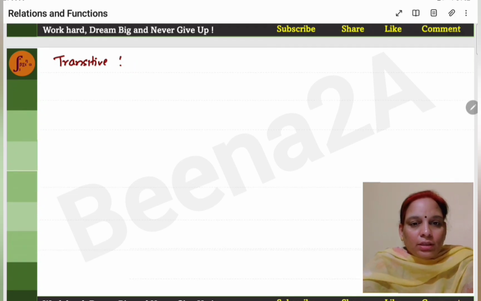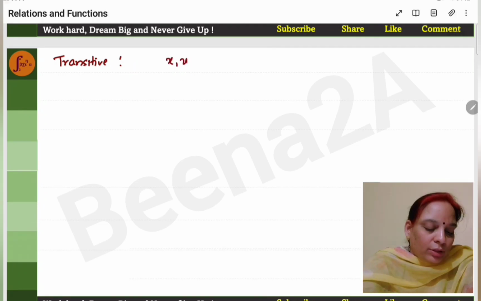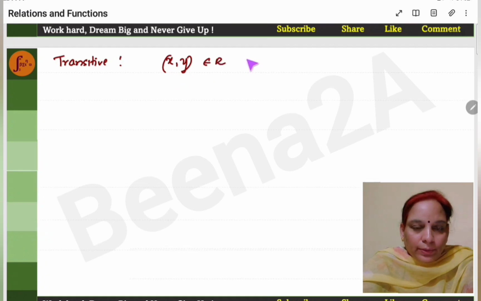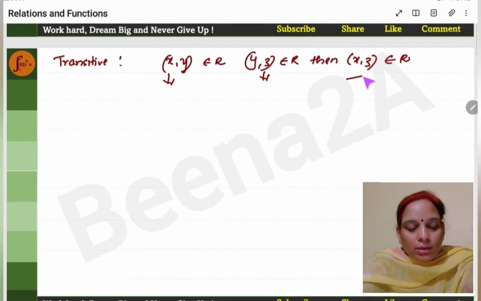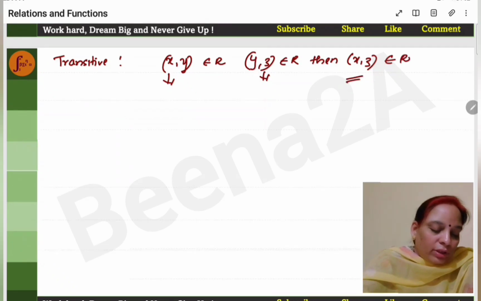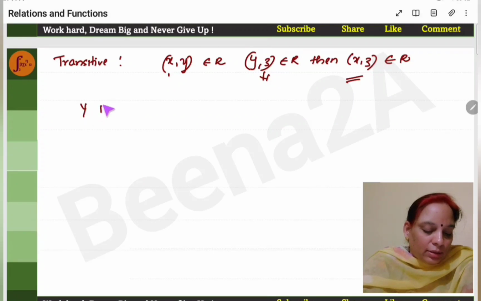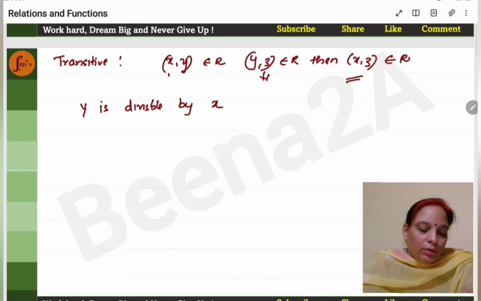Right? What is the condition for transitive? If XY belongs to R and YZ belongs to R, then first and fourth element, that is XZ, should belong to R. This is when it is transitive. Now here, what is the relation? Y is divisible by X. That's what they've told.